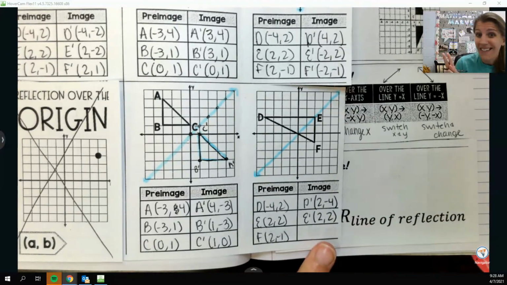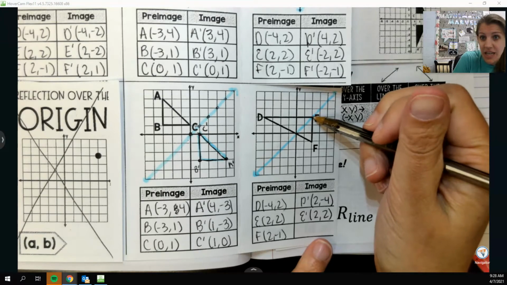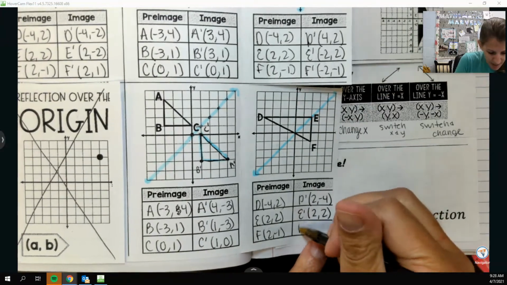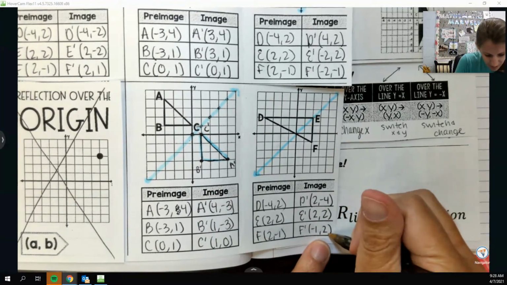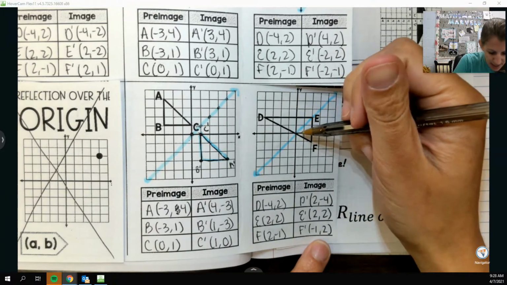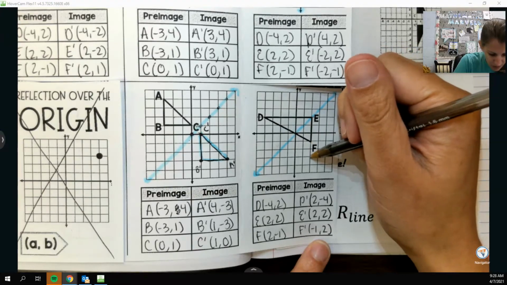Oh, that feels like it didn't change, and that's because it's on the line, right? If I look right here, E is already on that line, so it won't move, so that is good. And then F prime, if I switch, is at -1, 2. Then I go plot them. D is at 2, -4, 1, 2, 3, 4.